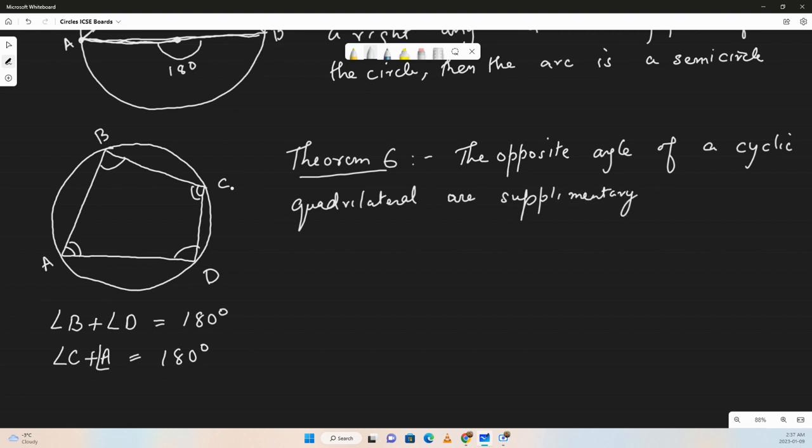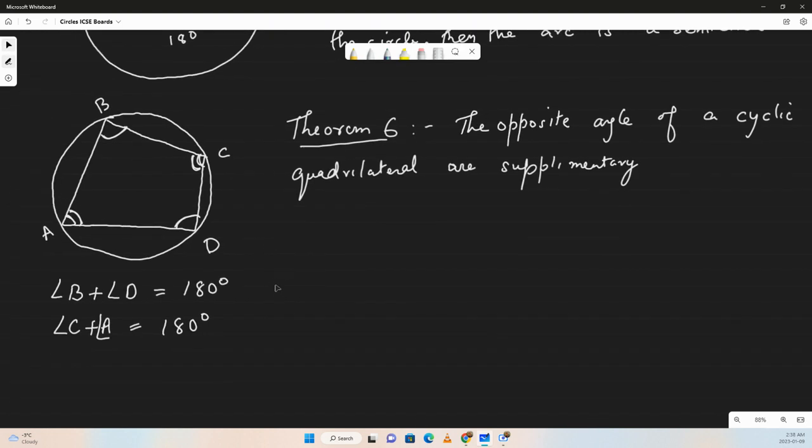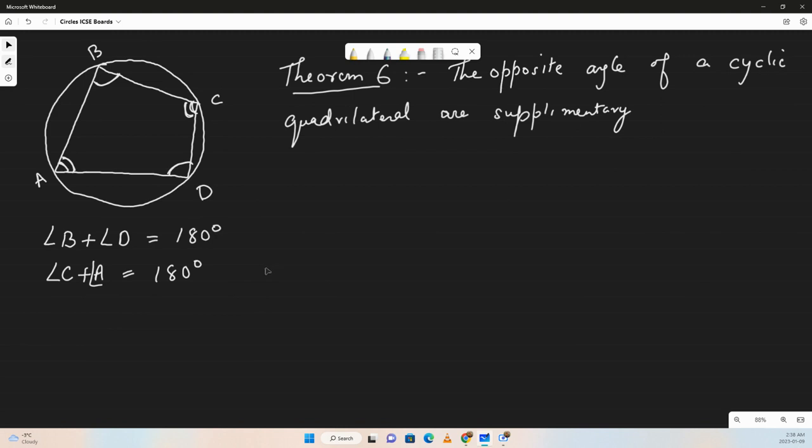Okay, so that's the theorem. So the opposite angles will sum up to 180, and as you all know, in any quadrilateral, all four would sum up to 360, right? So that's a property of a cyclic quadrilateral. Any quadrilateral inside a circle is a cyclic quadrilateral.